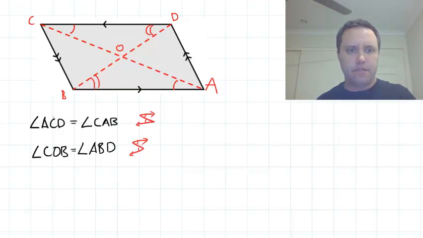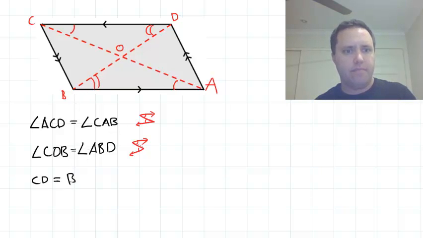Now we can also say that CD, this line up here, is equal to this line down here, BA, because it's a parallelogram, and one of the properties of a parallelogram is that opposite sides are equal.